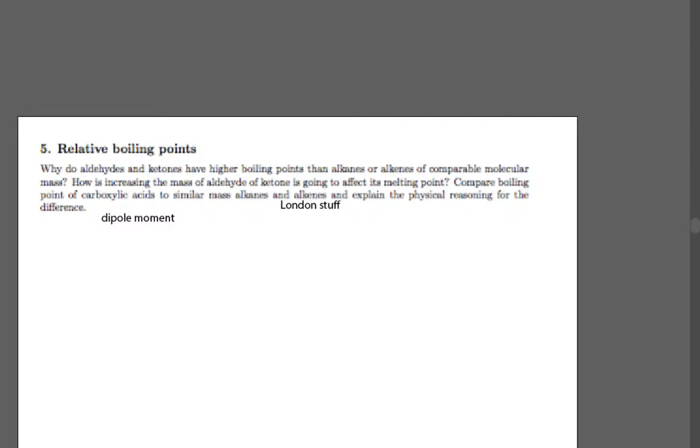Carboxylic acid is a radical with a carbon attached to an O and an OH. It should be similar to aldehydes and ketones. So yeah, that's my knowledge.